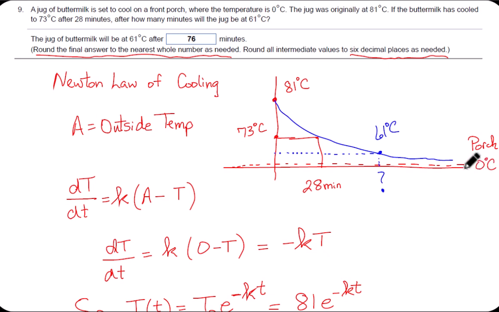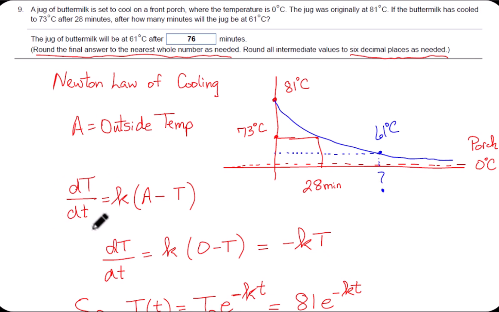We know that it's cooled to 73 degrees after 28 minutes. They have to give us that information because we need to know the decay rate, the proportionality constant k. So how long will it take to then go from 73 down to 61?